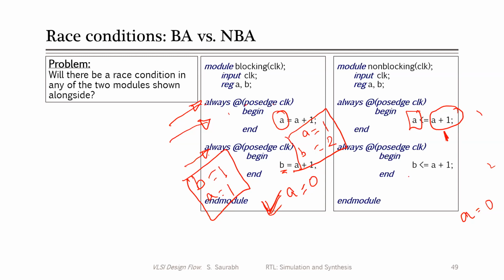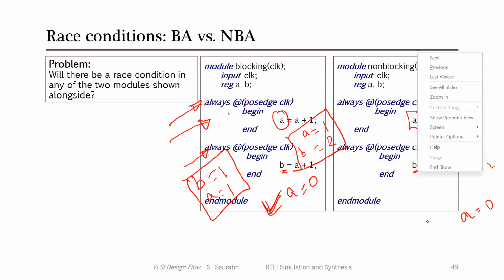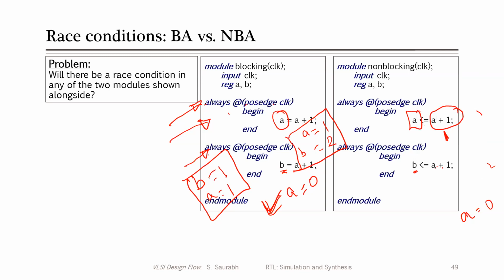And in the second case, this is a non-blocking assignment, so the next statement will be executed. Now B is scheduled to be updated to what value? Since the current value of A is 0, B is scheduled to be updated to the value of 1.